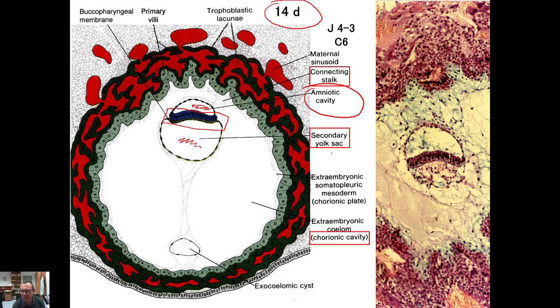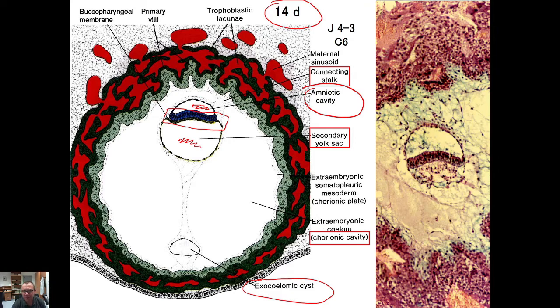Now there is a secondary yolk sac because there exists also the exocelomic cavity, which was developing during the transformation of the primary yolk sac to the secondary yolk sac, and which contains some cells which were before this transformation part of the wall of the primary yolk sac. So it's possible to say that the young secondary yolk sac is a little bit smaller than was the primary yolk sac.